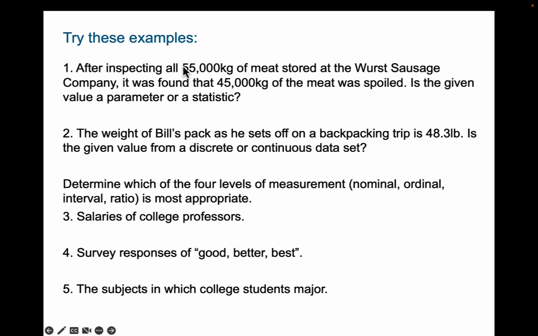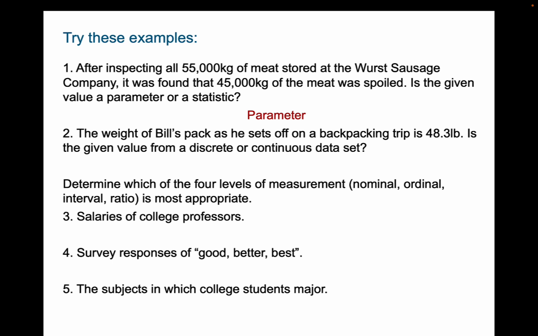Since all of the meat, that's the key word, you guys, all, you were looking at the entire population. So this 45,000 kilograms is a parameter because it came from the full population of interest, not just, okay, we sampled 1,000 kilograms of meat out of the 55,000 kilograms. That would have been a statistic.